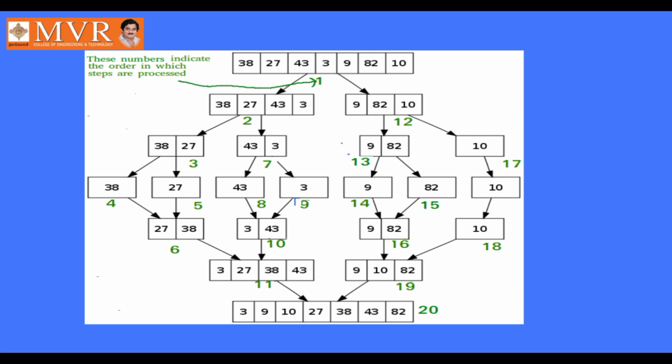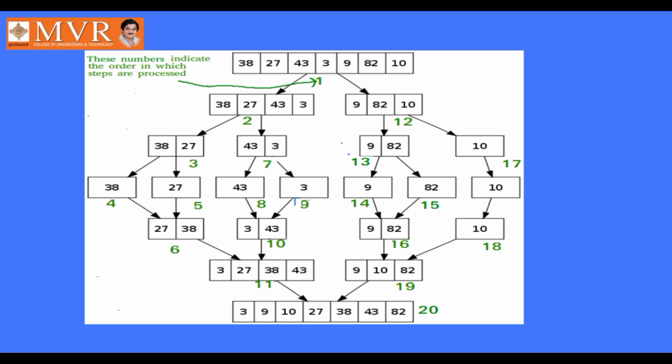See, in the sixth step, here I have given the numbers. If you have noted, the numbers are given in green, that is my first step. Again 2 is given, that is my second step. 3 is given, third step, and 4 is also given. Like that I have performed the steps. Okay, decomposition.